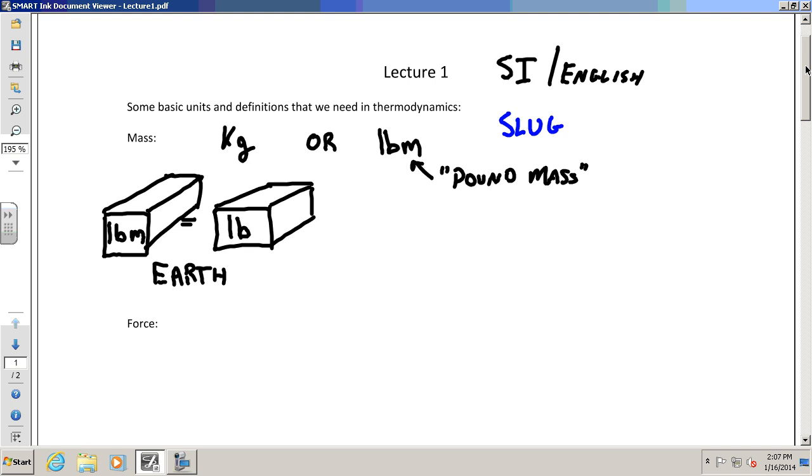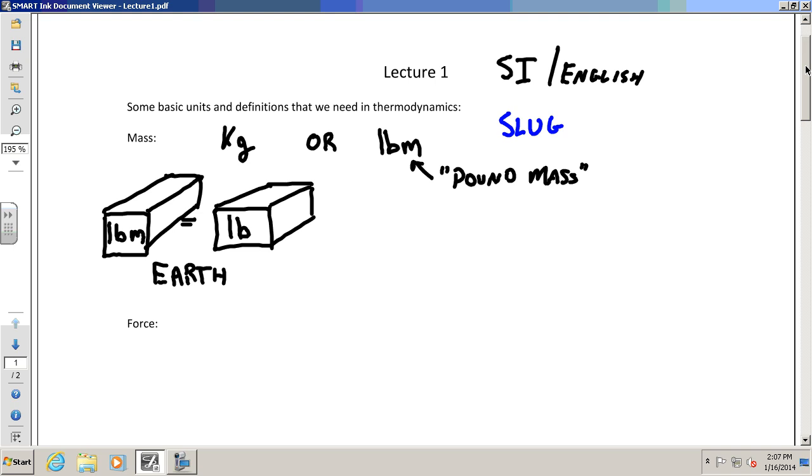If you hand me something and say, hey, this weighs a pound, it's a pound mass, as long as we're not in space. If you said it weighed a pound force in space, then it's probably going to have a lot more mass. But in most normal applications, we can safely say a pound force is pretty much going to be a pound mass.